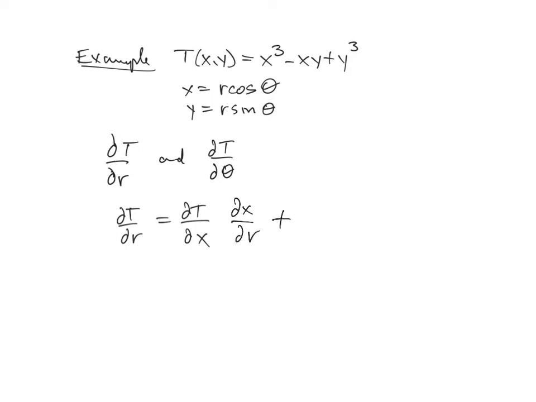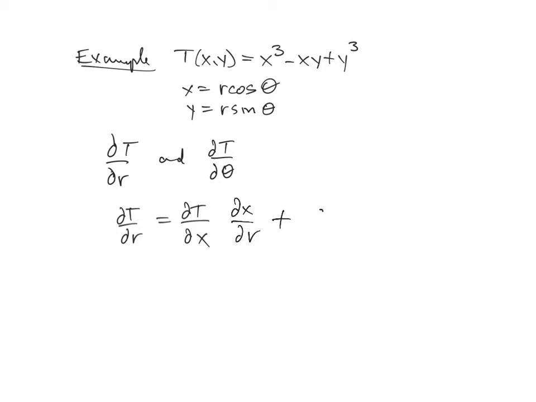So if I'm finding the partial derivative of T with respect to r, there are two places that contribute to that, x and y, because x and y are both functions of r. If I change r a little bit, that's going to change x and y a little bit. So I have to look at the partial derivatives of x and y. They both contribute to the partial derivative of T with respect to r.